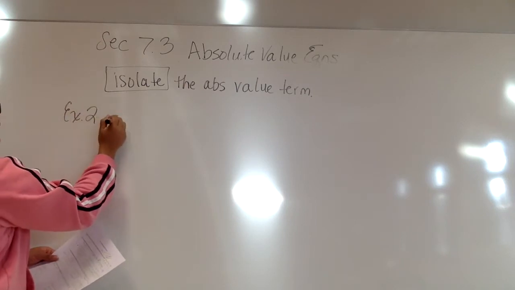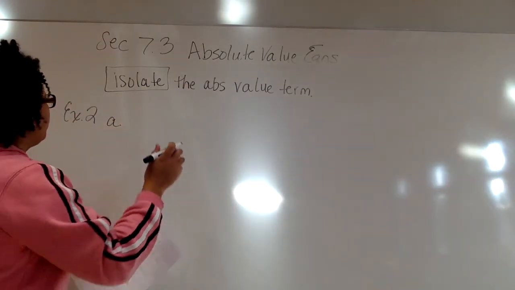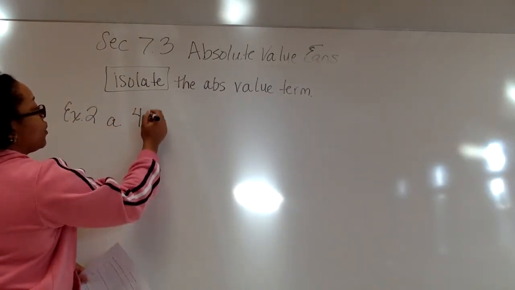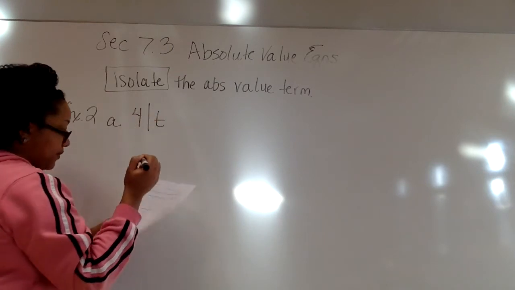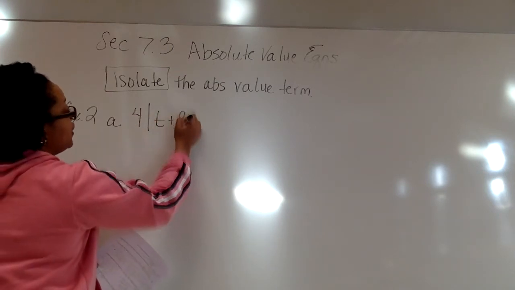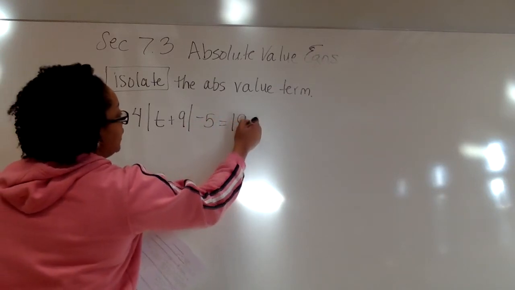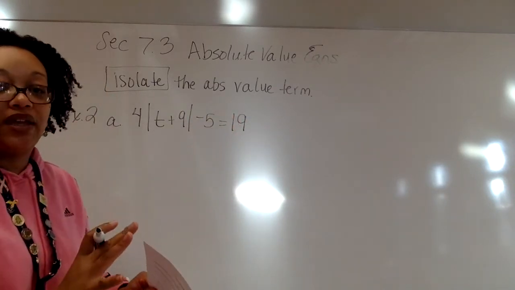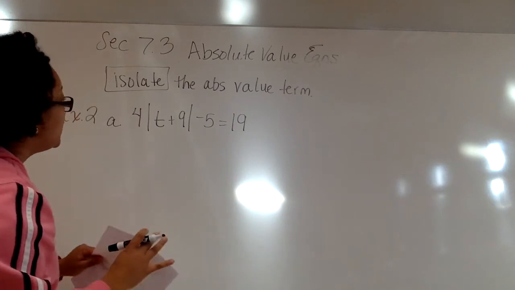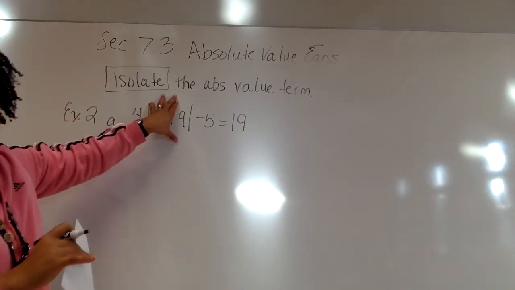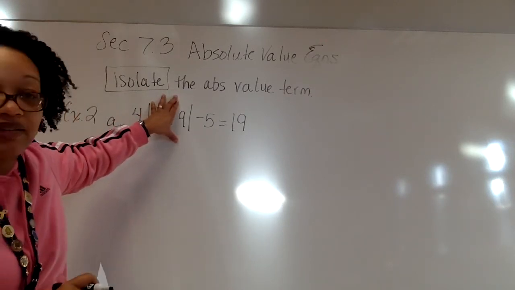This is letter A. Your equation is 4 times the absolute value of t plus 9 minus 5 equals 19. Now, for a moment, I need you all to pretend as if this entire absolute value term is an x.